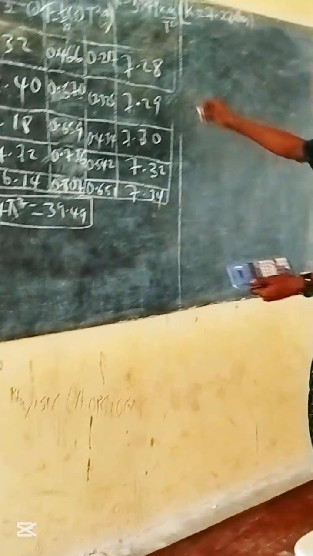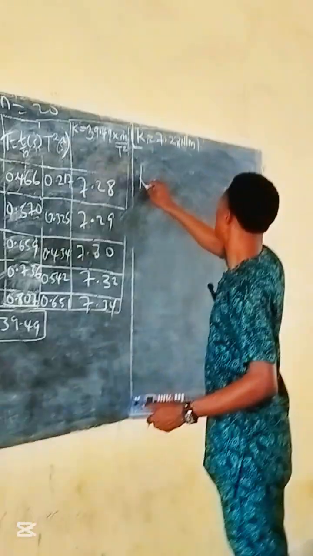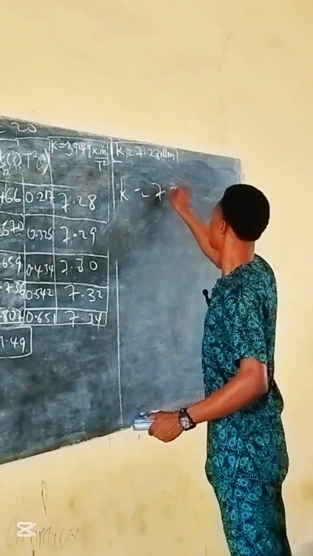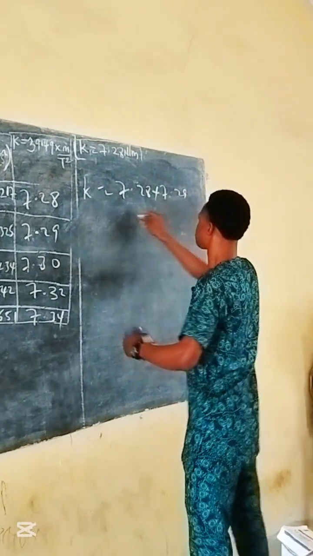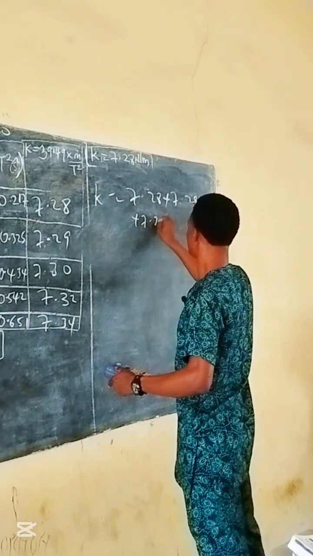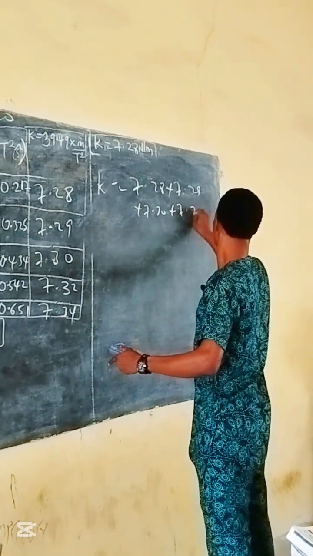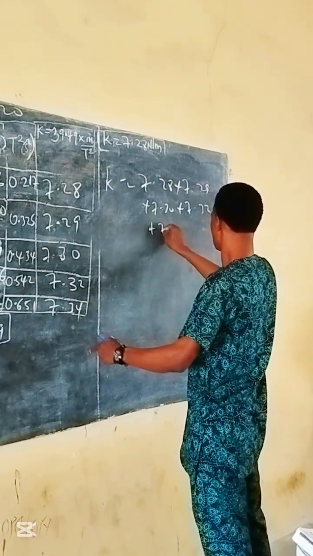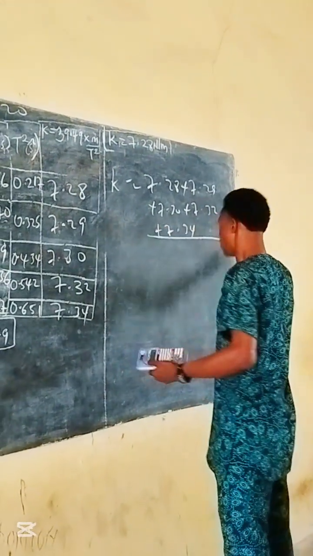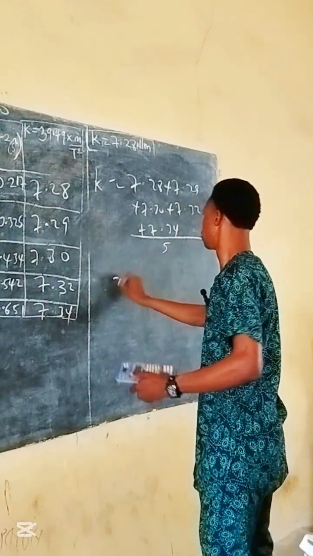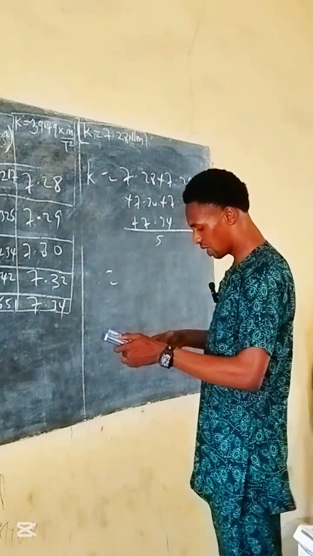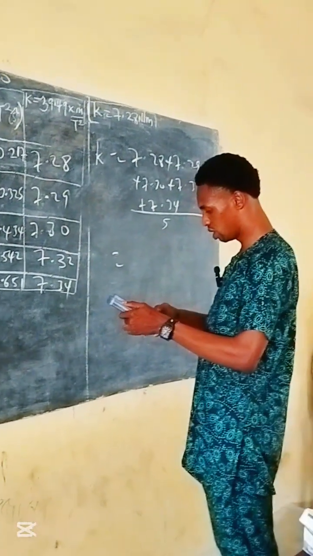So now you want to get your average. Notice that my average is equal to 7.28 plus 7.29 plus 7.30 plus 7.32 plus 7.34, all divided by 5, since you add five numbers. Let me push my calculator on.